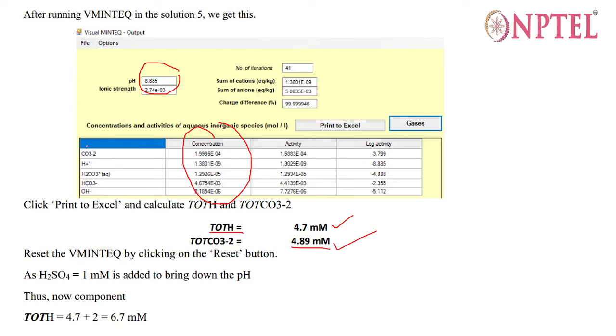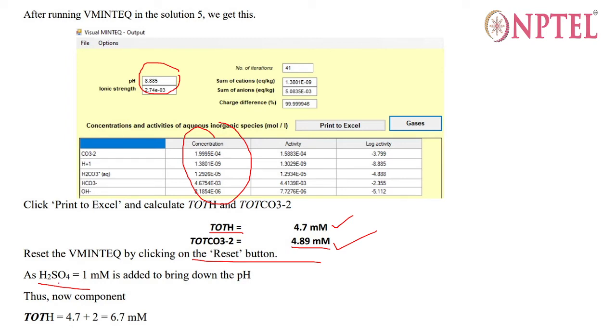Then go to the reset button. Just go back from this page, press the reset button, and it will be reset. Then add this H2SO4, right? You have to take care of this H2SO4, which will bring down your pH. You had 4.7 millimolar of hydrogen ion already.